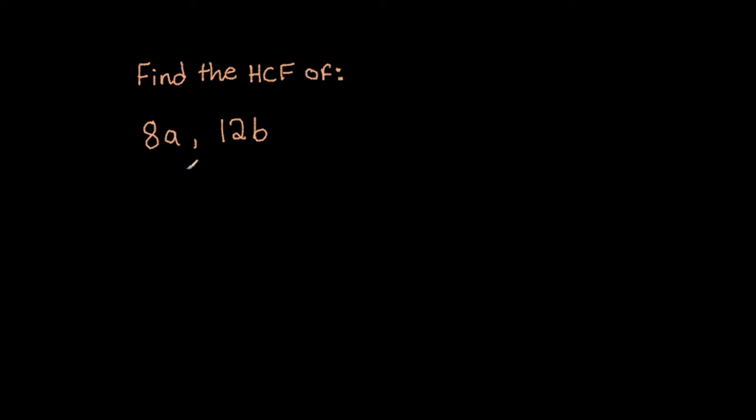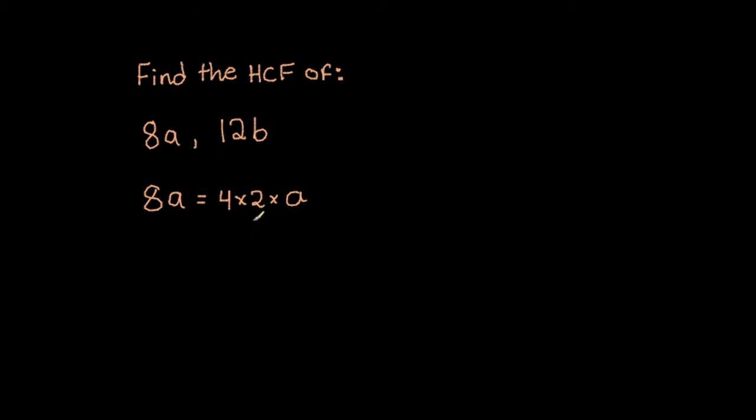Well, the way we're going to do this, we're going to break both of them down into their simplest parts. So let's start with 8a. Now the 8 can be broken down into 4 times 2. So I'm going to replace the 8 with 4 times 2, and then we have times a. Now the 2 cannot be broken down further. 2 is what is called a prime number.